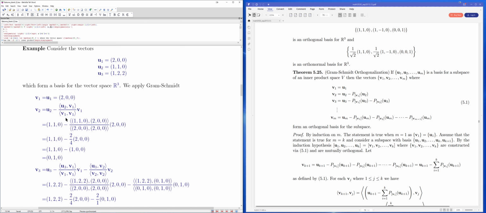The formula, which we saw already, is the inner product of U2 with V1 divided by the inner product of V1 with itself, multiplied by the vector V1. So the projection is this ratio of inner products times this vector.